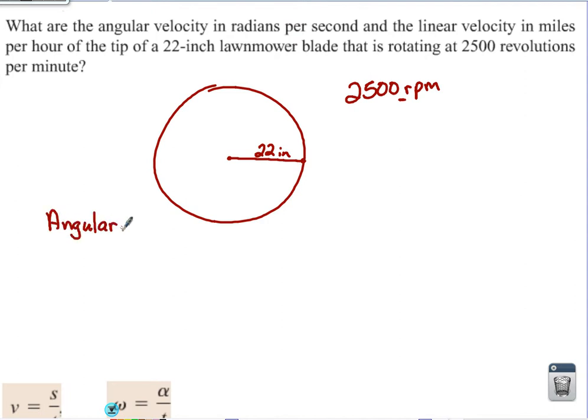We might not even need our formula on these. Angular velocity: how is your angle changing per time? Let's say we want it in radians per minute. Angle over time.